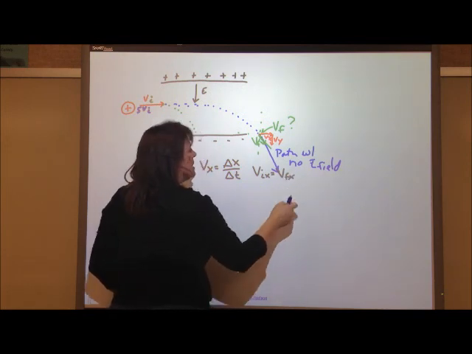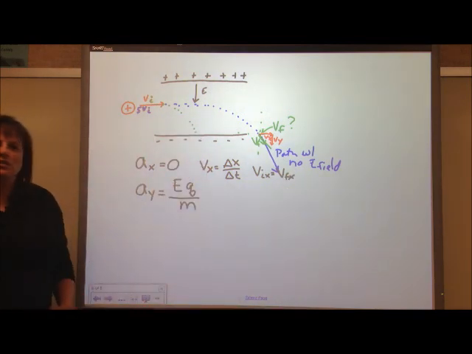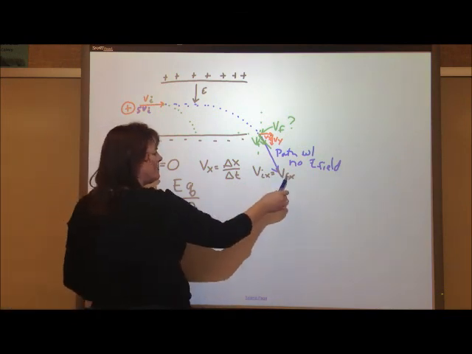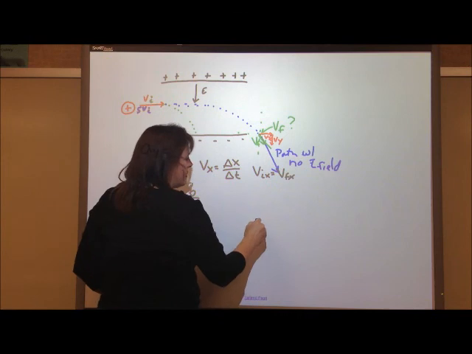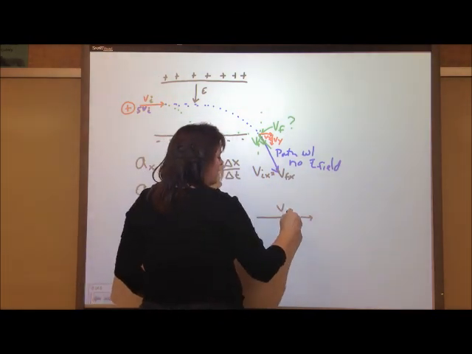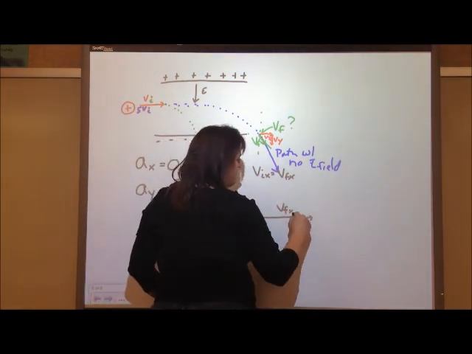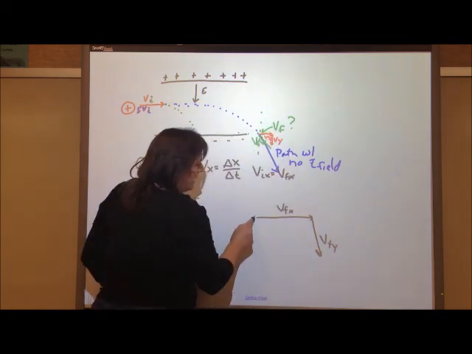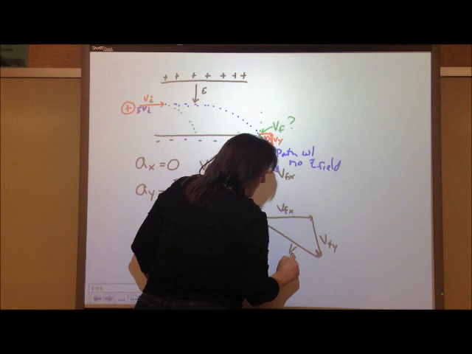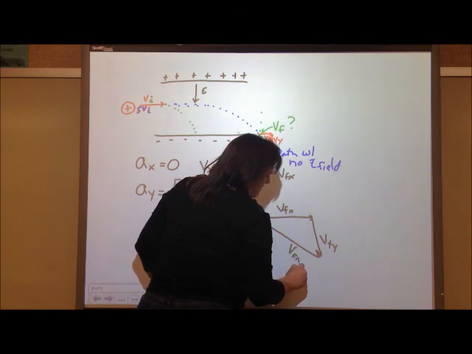By definition, if there's no acceleration, there's no change in speed. So if I blow up this little triangle here, there is V final x, there is V final y, and there's my V final net.